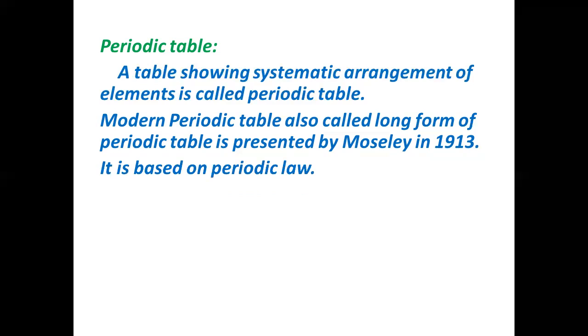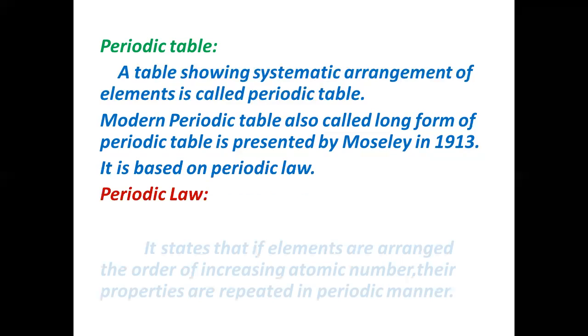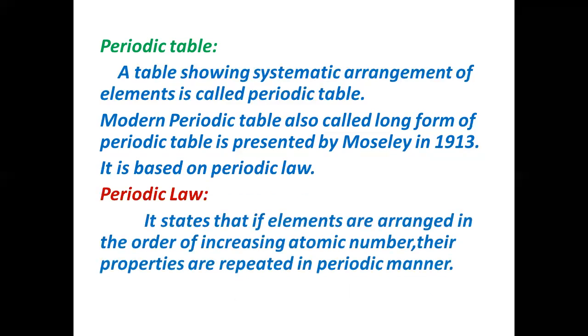This long form of periodic table is based on periodic law. What is periodic law? It states that if elements are arranged in the order of increasing atomic number, then their properties are repeated in periodic manner.